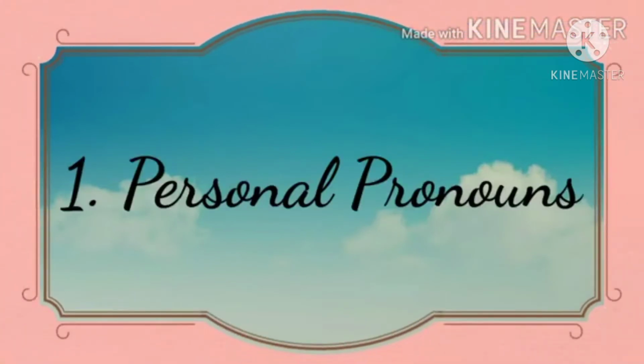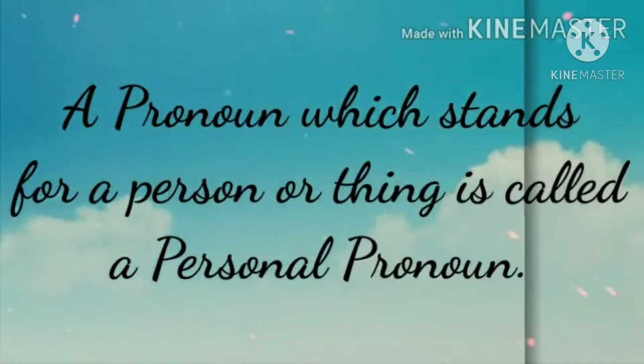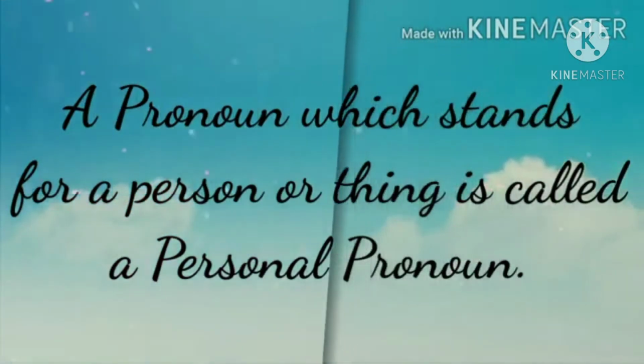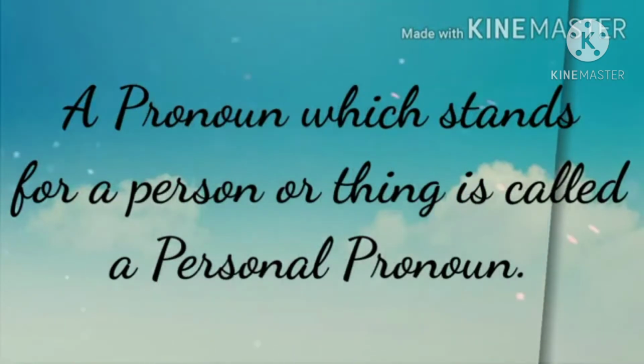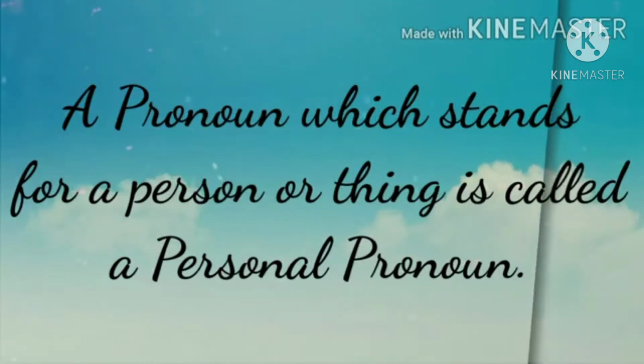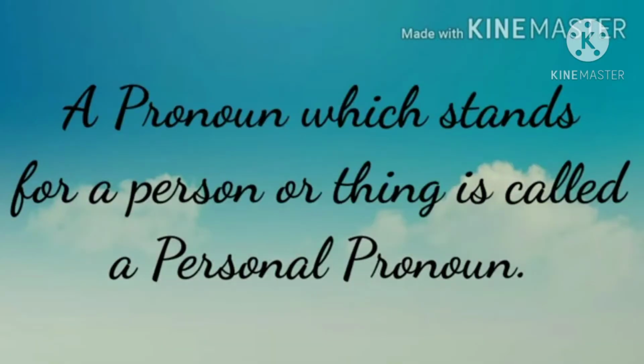Let's see what is a personal pronoun. A pronoun which stands for a person or thing is called a personal pronoun. We already learned a pronoun is a word we used instead of a noun, and it avoids the repetition of a noun.